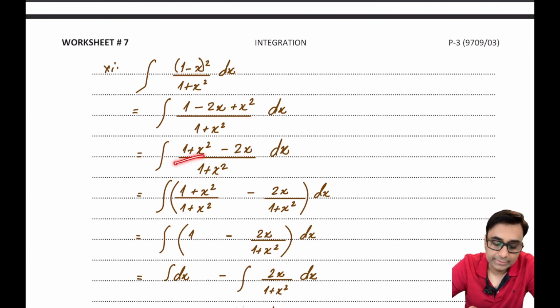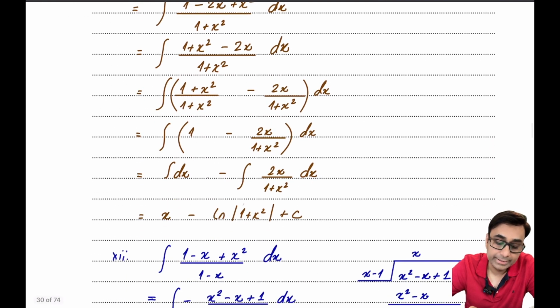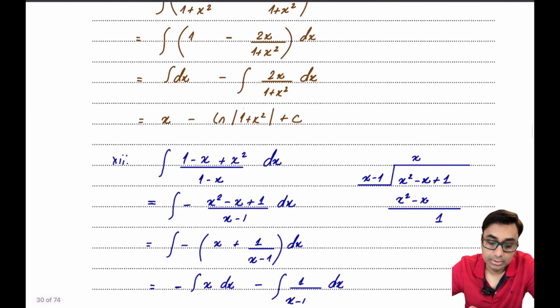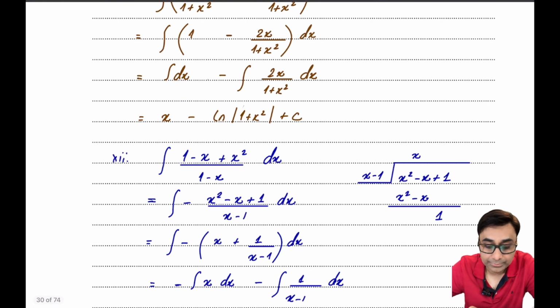So (1 plus x squared) over (1 plus x squared) is something that we write down as one term, which will become 1, and 2x upon 1 plus x squared as another integral. The good thing is that 1 can be integrated directly, and for this function, its derivative is right over there. So I can just see that 1 plus x squared differentiates to 2x, so it becomes ln(1 plus x squared).